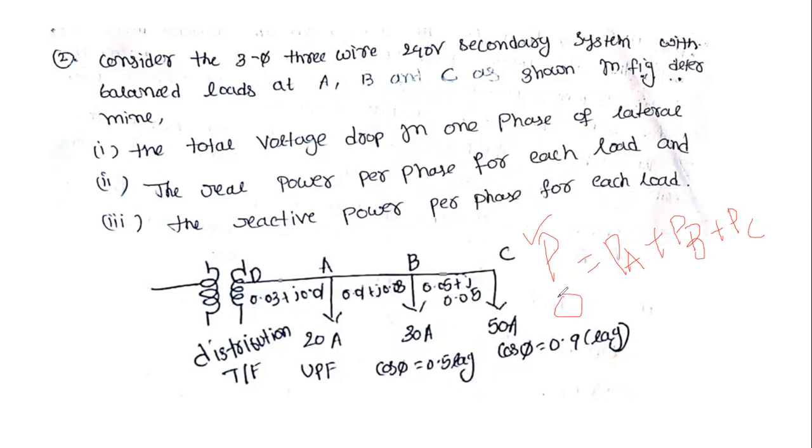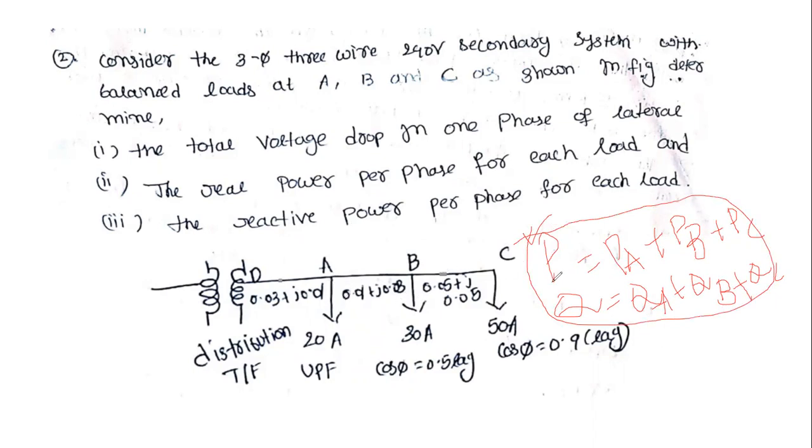Similarly, next is the total reactive power. What is the total reactive power formula? That is QA plus QB plus QC. This is the total real power and reactive power for this given network.